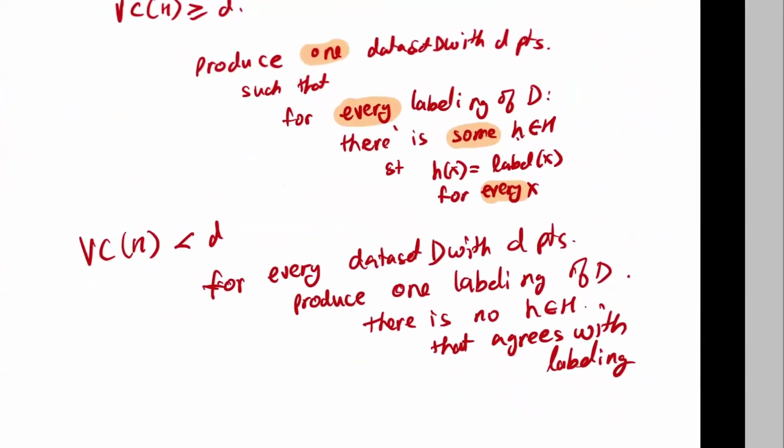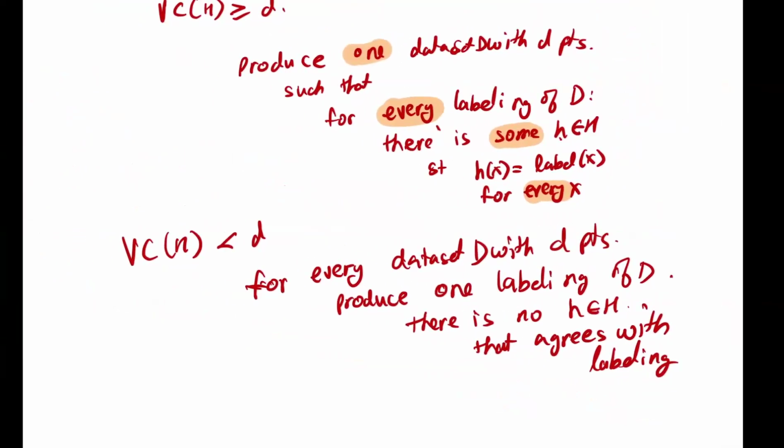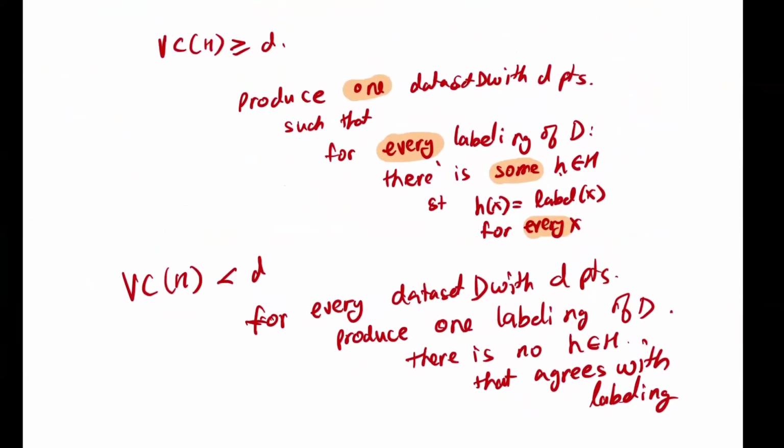Notice that there's a difference between the top and the bottom. To show that VC dimension is greater than D, I need to produce just one data set and consider every possible labeling. Whereas at the bottom, I need to consider every possible data set and produce one labeling for each one of them. At the top, I need to consider some hypothesis that agrees with my labeling. Here, I need to show that every hypothesis disagrees.